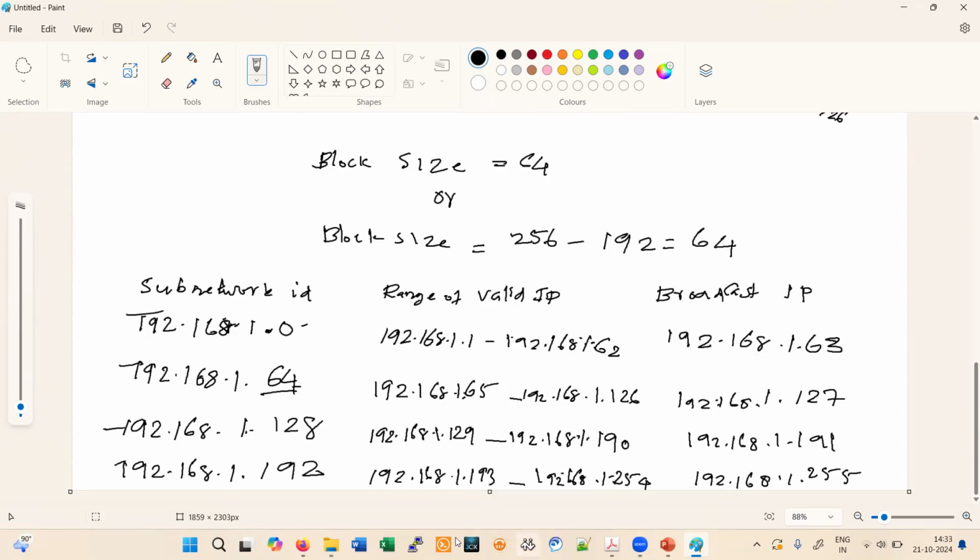So I hope you guys got this concept, and in the same way you can find the subnetting, or you can apply this subnetting in class B and also in class A.